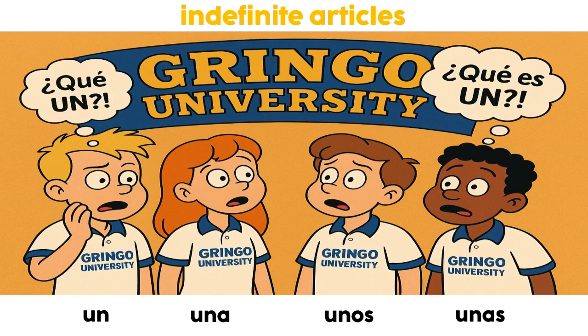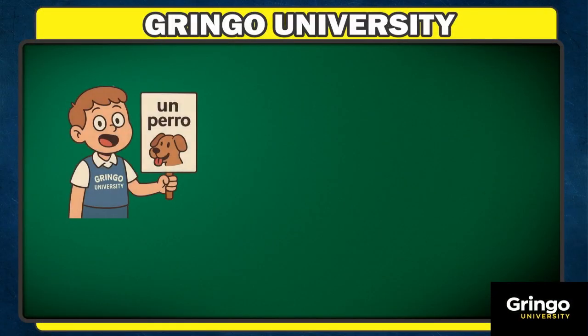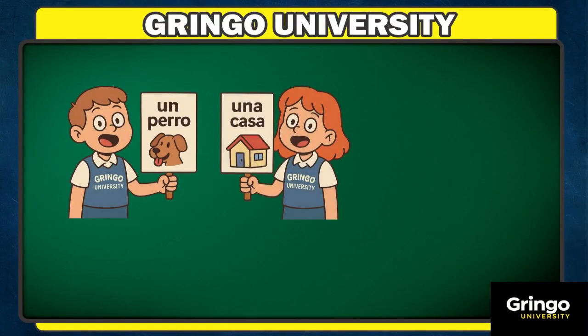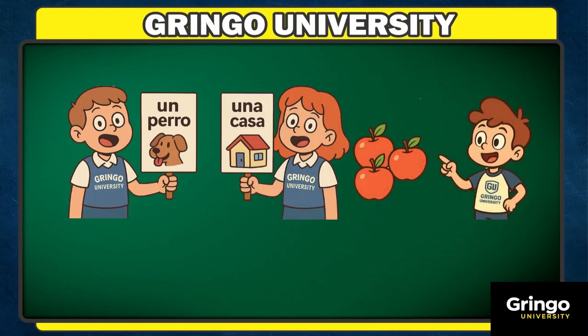But don't panic, you already use this idea in English all the time. When you say a dog, a house, some apples, guess what? That's exactly what we're doing in Spanish.